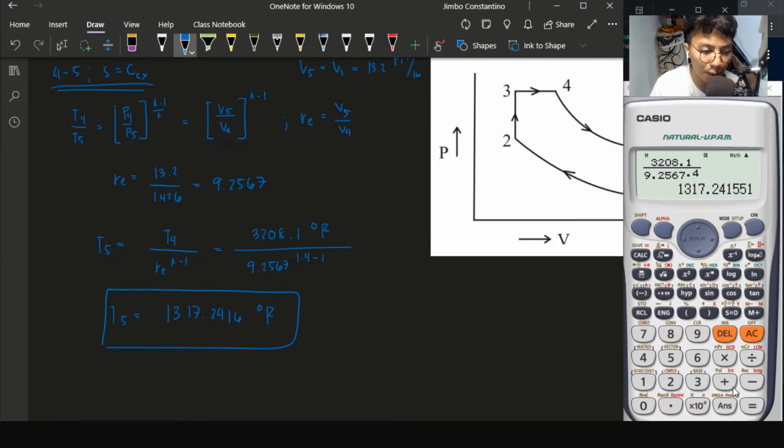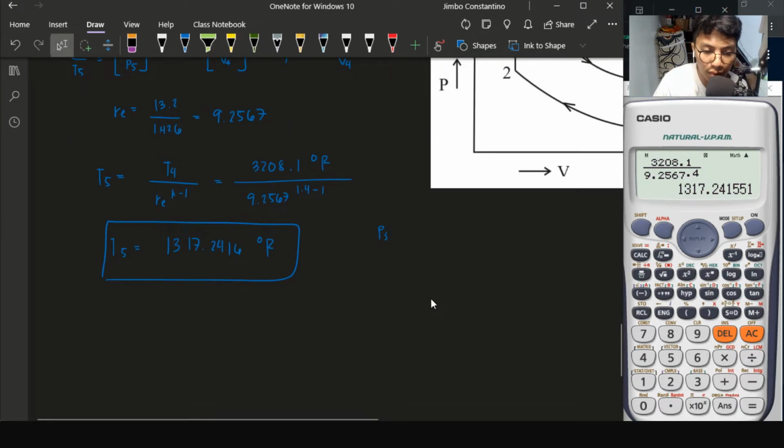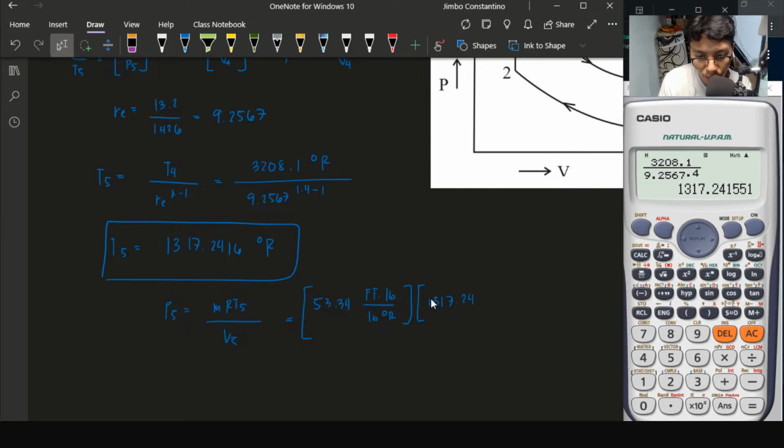All solved. What's missing is P5. Let's get P5 from PV equals MRT. P5 is equal to MRT5 over V5. So, R, 53.34 foot pound per pound degree Rankine, multiplied by the T5 we obtained, 1317.2416 degrees Rankine.